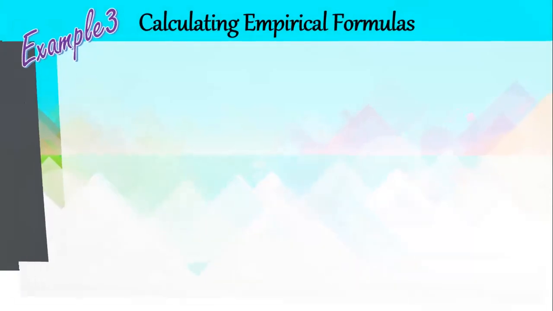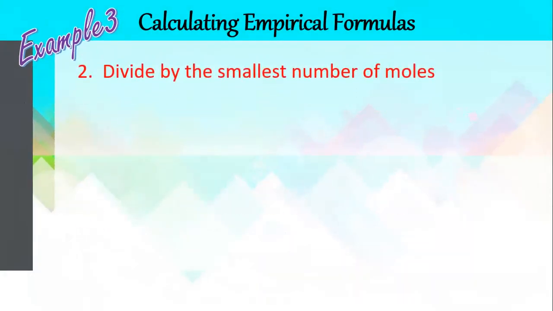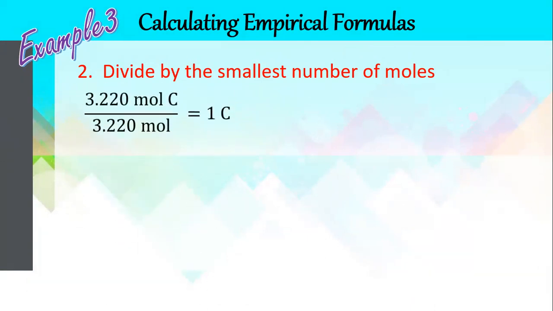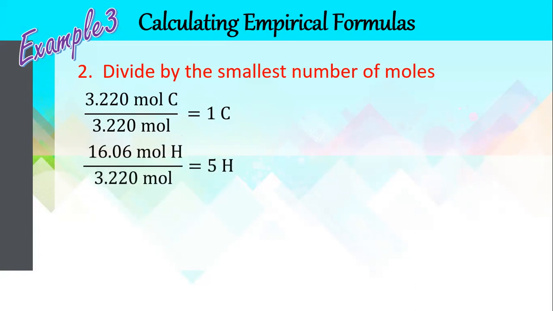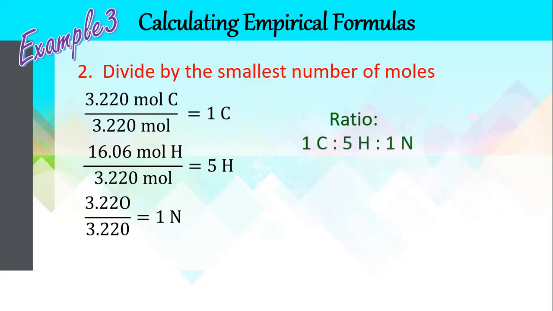Okay, so the next step is you have to divide by the smallest number of moles. So we have the ratio for carbon is 1, and then the ratio for hydrogen is 5, and then for nitrogen, it's 1. So our ratio is 1 carbon is to 5 hydrogen is to 1 nitrogen.